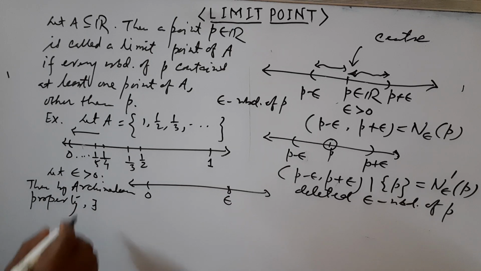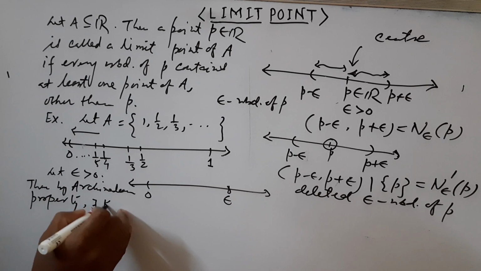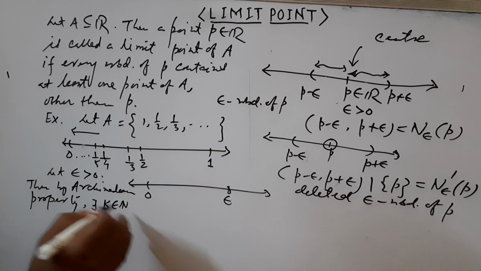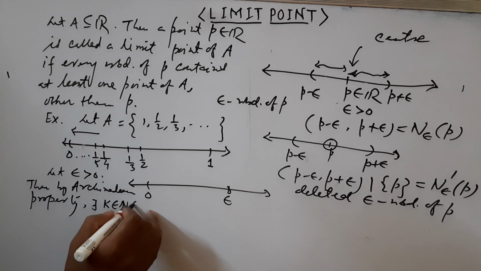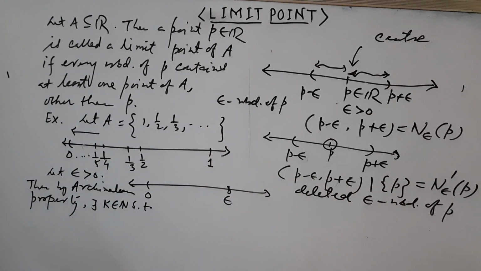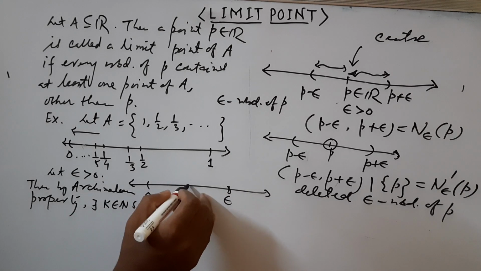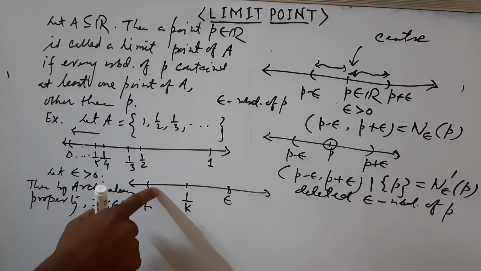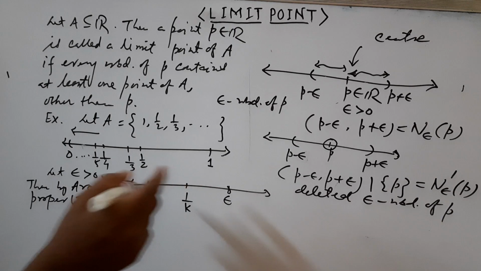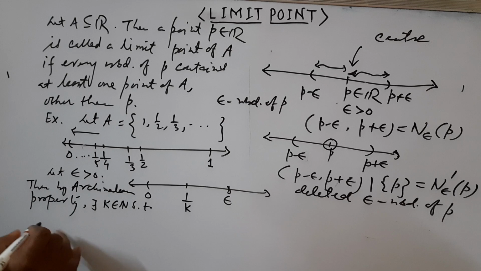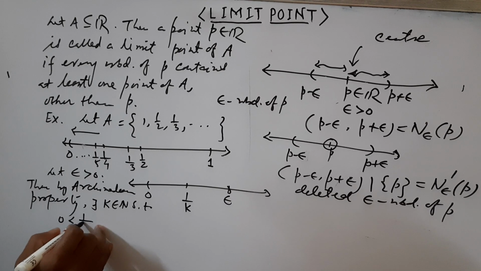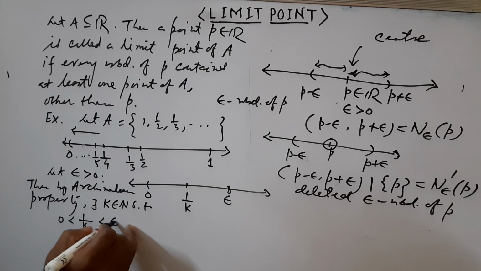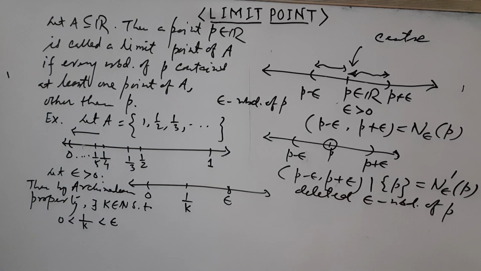there exists a positive integer k belonging to N such that 1 by k will be in between 0 and epsilon, such that 0 less than 1 by k less than epsilon.